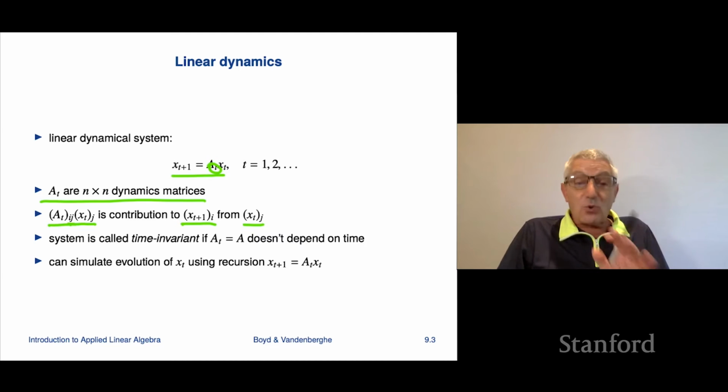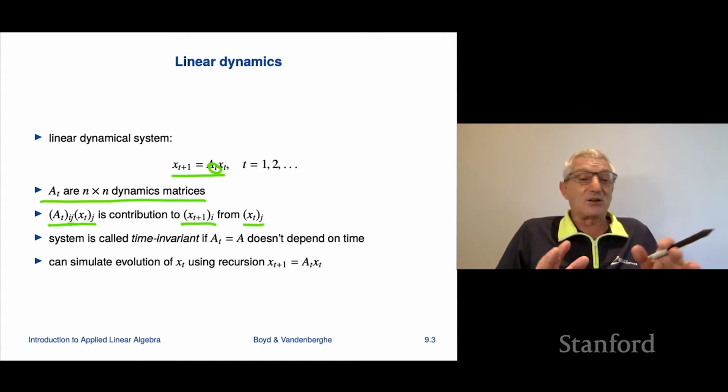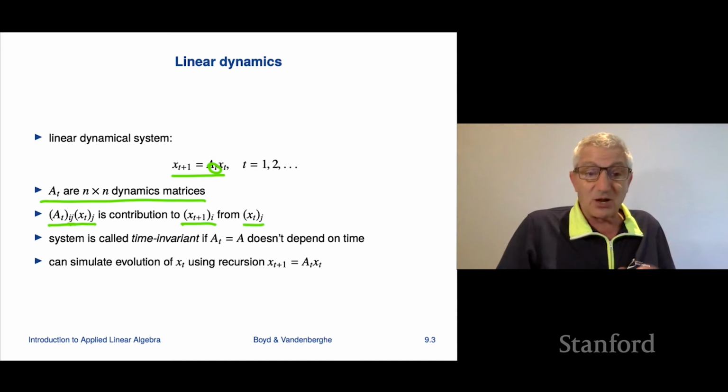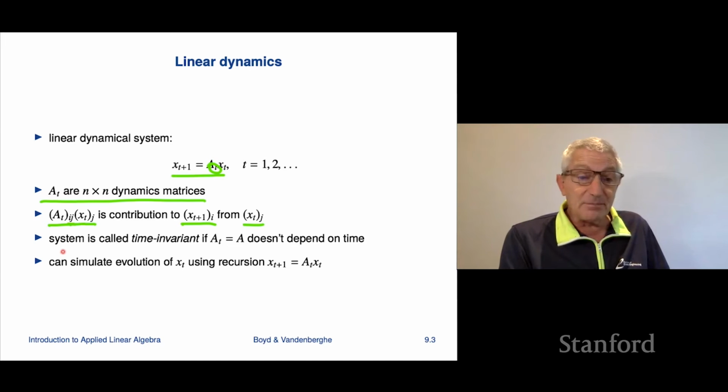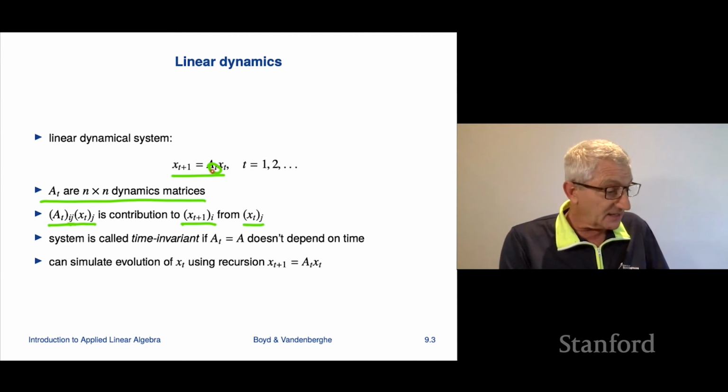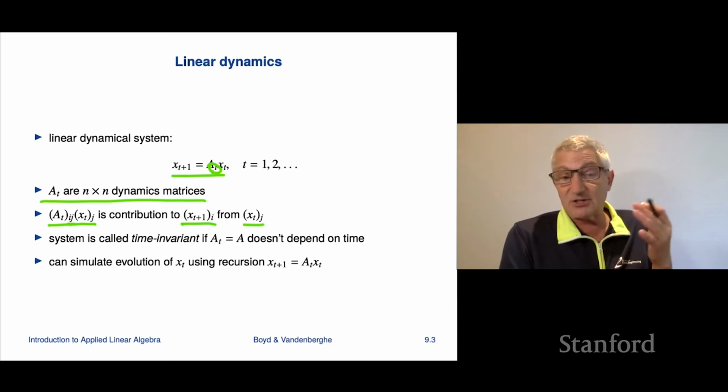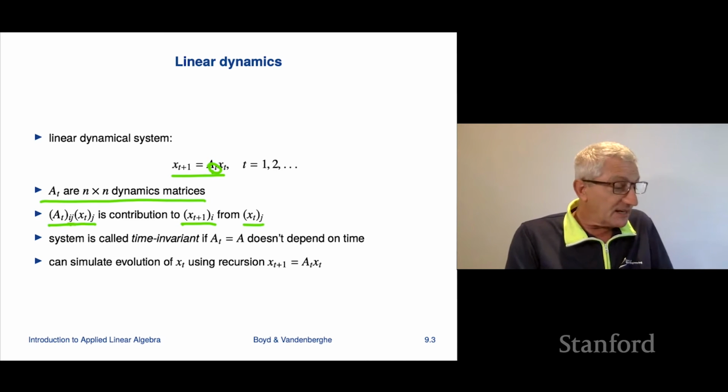This is quite tricky. There are a lot of indices here, and you really gotta sit down and go real slow and try to understand what all these things mean. Okay, now in many cases, A does not depend on time, and so it is either constant, or you would say that it is time invariant.